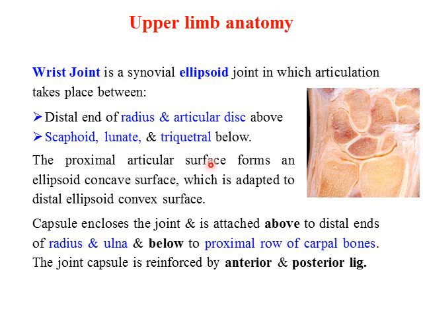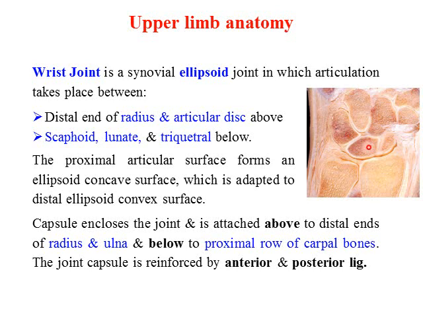Wrist joint. It is an ellipsoid type of synovial joint in which articulation takes place between the distal radius and the articular disc above and the scaphoid, lunate, triquetral bones below.